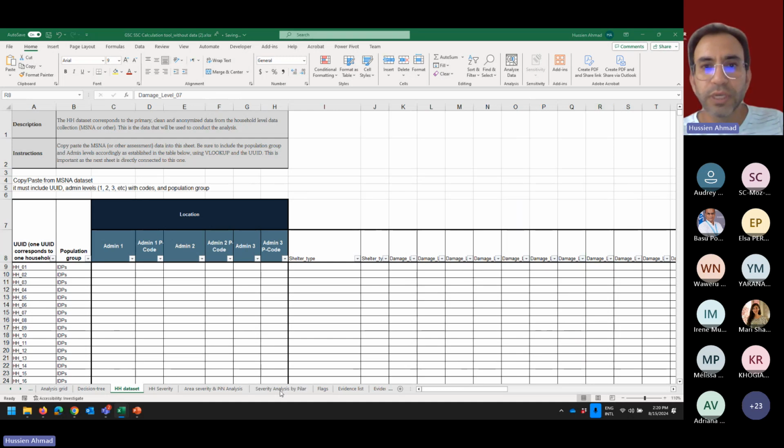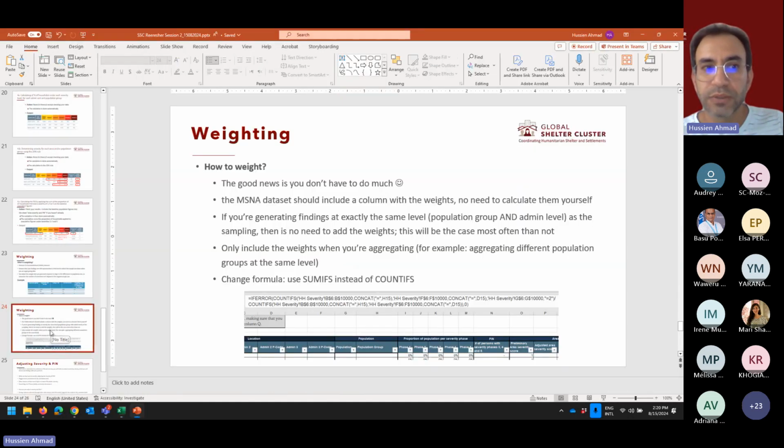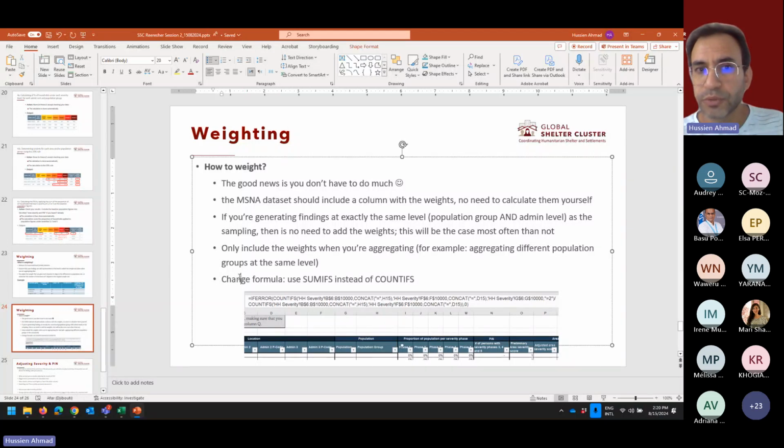No need to do a lot in this part. So it's important here, instead of using the SUMIF formula, to use COUNTIF, and that's it. There's not a lot to be done.